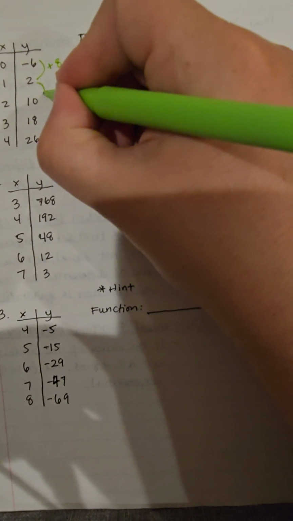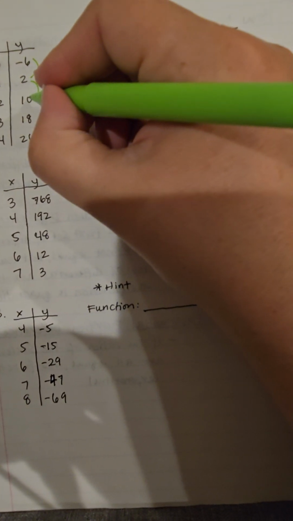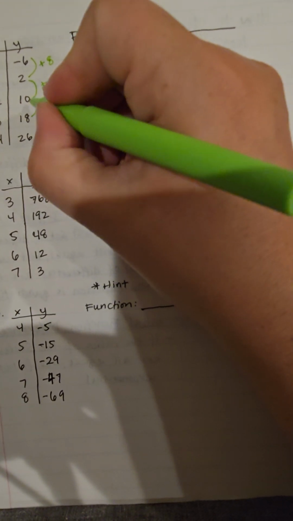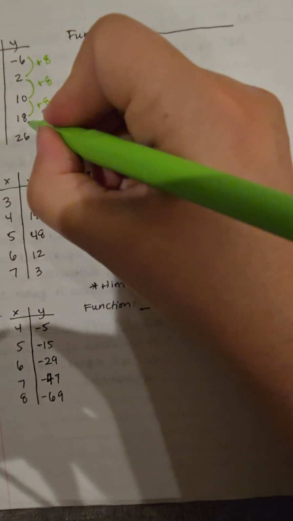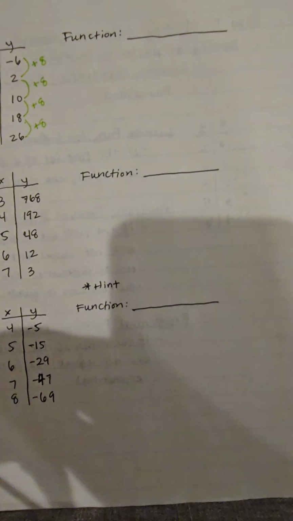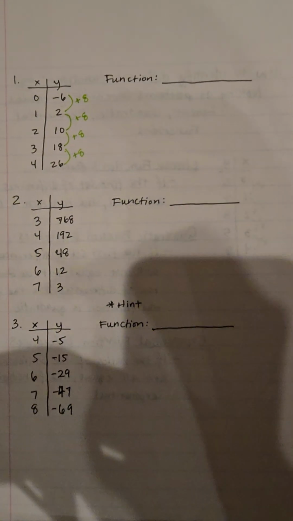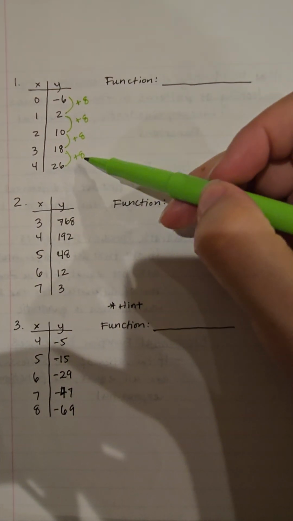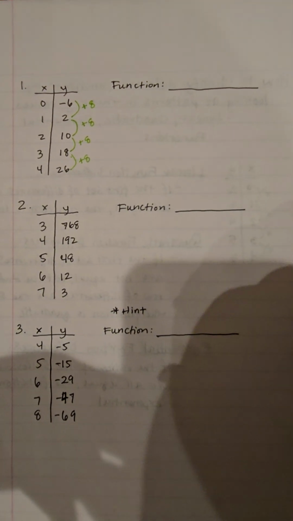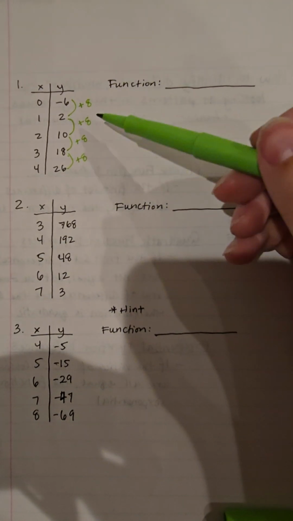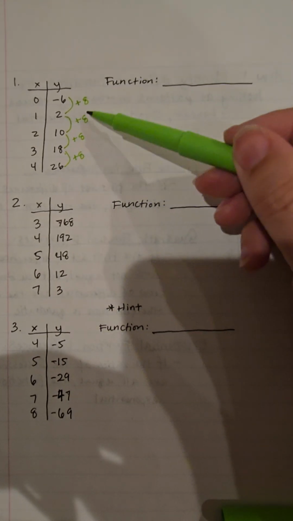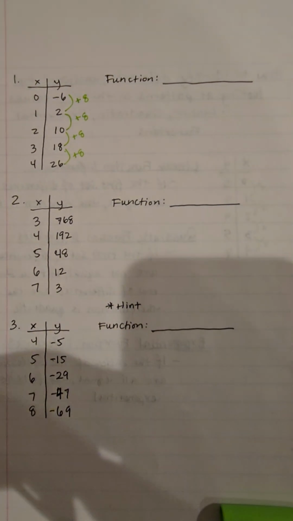And then the difference between the second and third value, which is also 8. And then the difference between 10 and 18, 8. And then 18 and 26, which is 8. So per our definitions, this function is considered a linear function because our first row of differences is all the same. They're all 8.